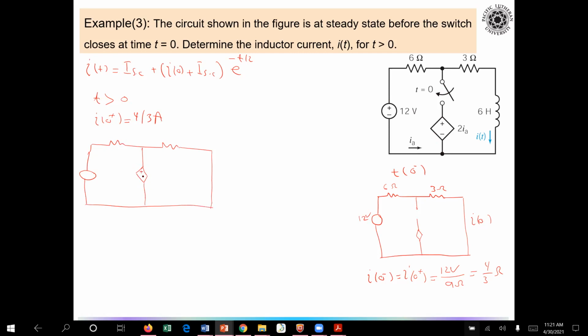Here is the voltage source, controlled by current IA, and here is my IA, and here is my I short circuit. 3, 6, and here is a 12. Positive, negative. Give me a guess. Want to try it?